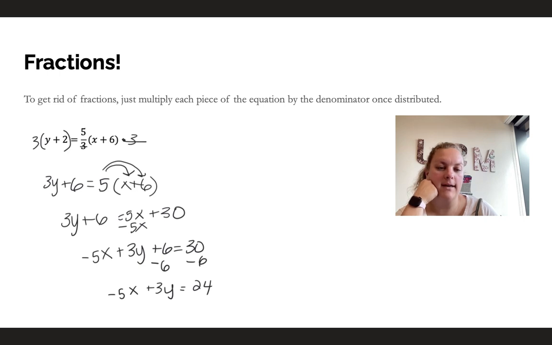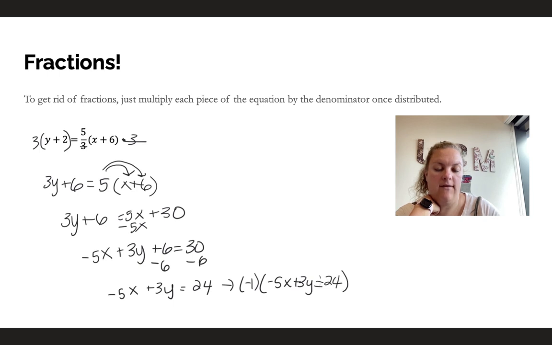And if I go through my steps, I notice I don't have any fractions. That's great. A is not bigger than 0. So I have to remember I have to change everything by multiplying everything by negative 1. So it's going to make the opposite values, positive or negative, for each piece of the equation.